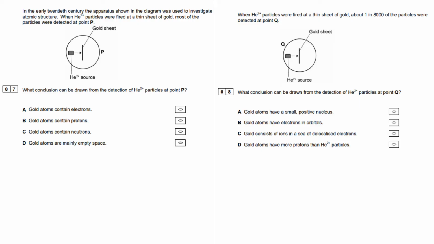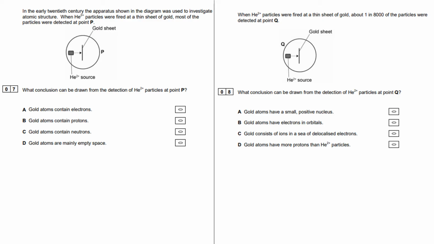Now question 7 and question 8, they're both from the atomic structure topic and they're linked together. So it's to do with the experiment where they were working out atomic structure using helium particles or alpha particles fired at a gold sheet.